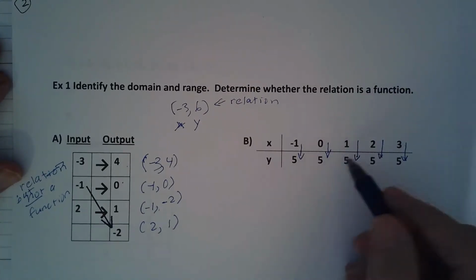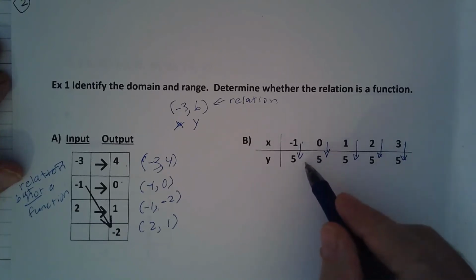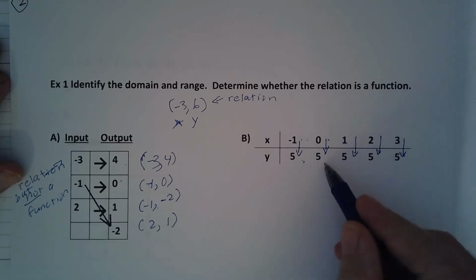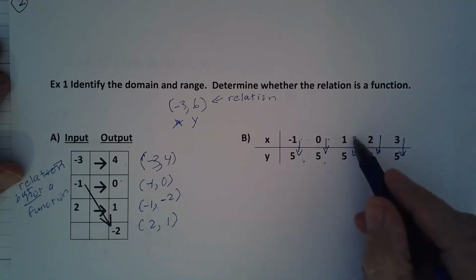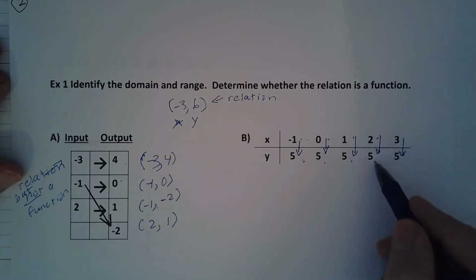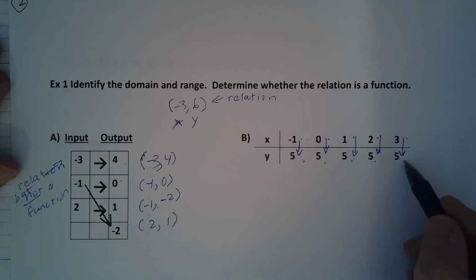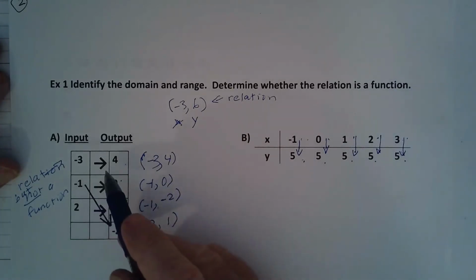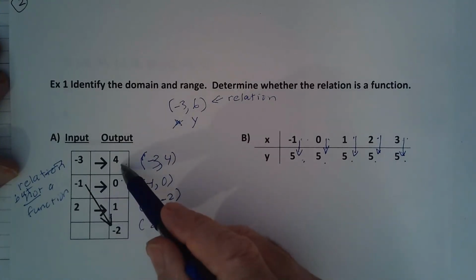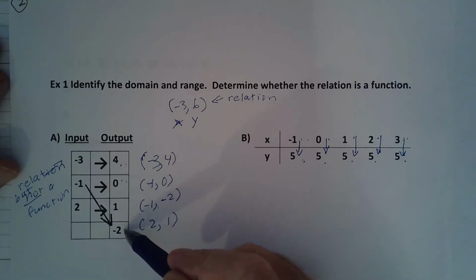And the reason is because you still have for each input only one output. -1 only has 5 as its output. 0 only has 5 as its output. 1 only has 5 as its output. 2 only has 5 as its output, and 3 only has 5 as its output. Over here on the left, -3 only has 4 as its output, but -1 has both 0 and -2 as its output.